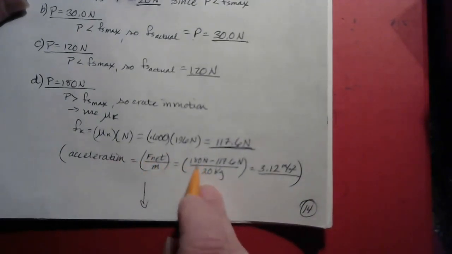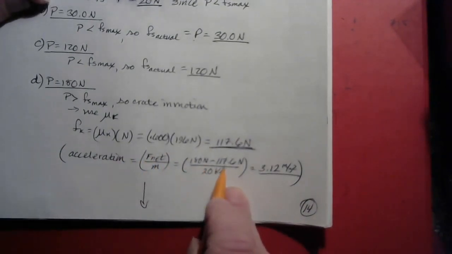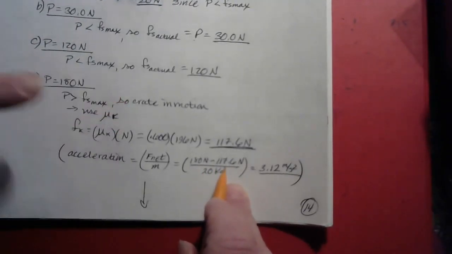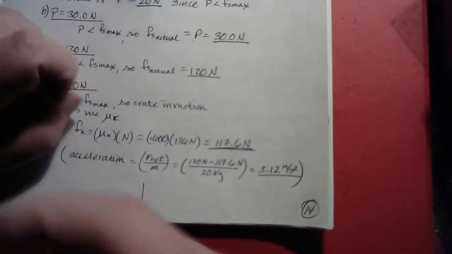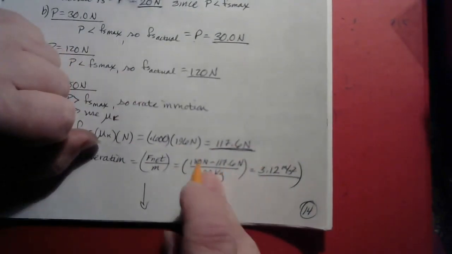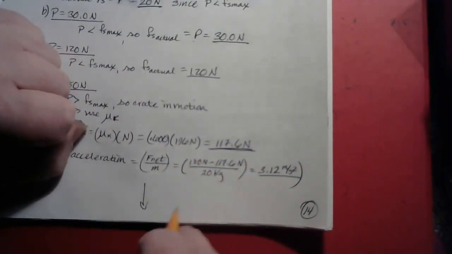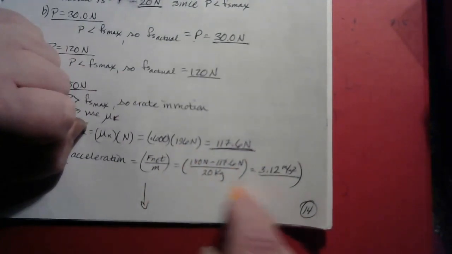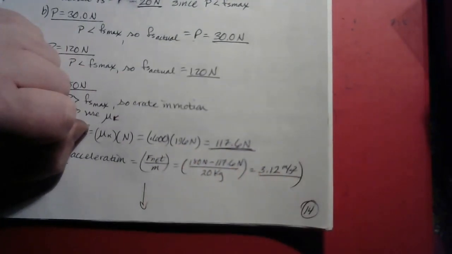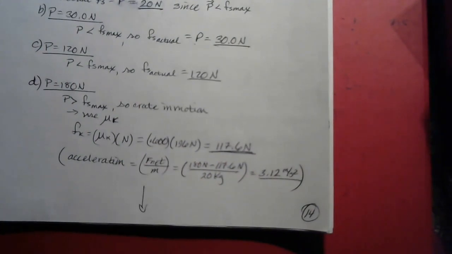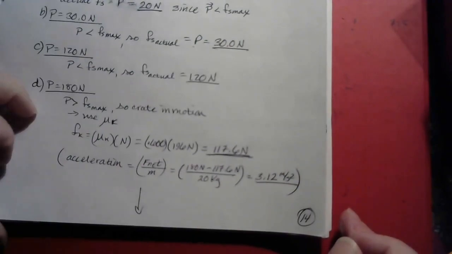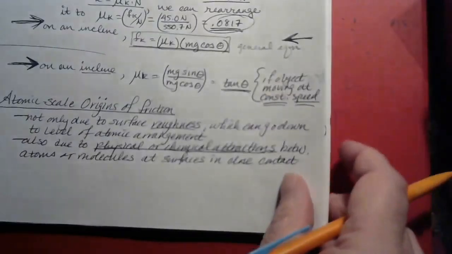The net force, though, is 180 minus 117.6 newtons, because remember, you're pushing forward with 180 newtons of force, but the crate is pushing backwards with 117.6 newtons. So that's the net force, 180 minus 117.6 over the mass, and that gives you 3.12 meters per second squared. So that would be your acceleration when the crate first starts moving.